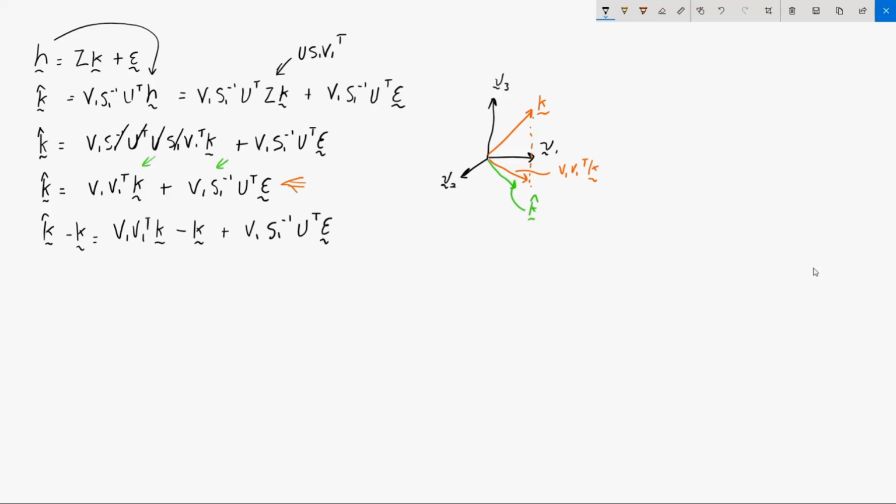Now I'm going to make use of a very important relationship: V1 t plus V2 t equals the identity matrix.